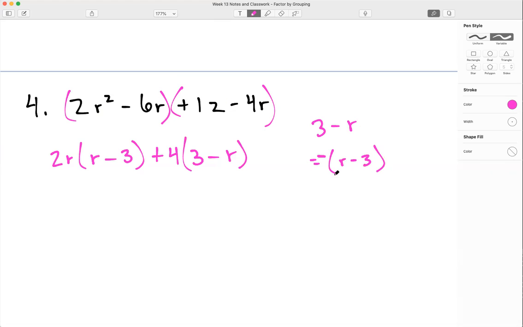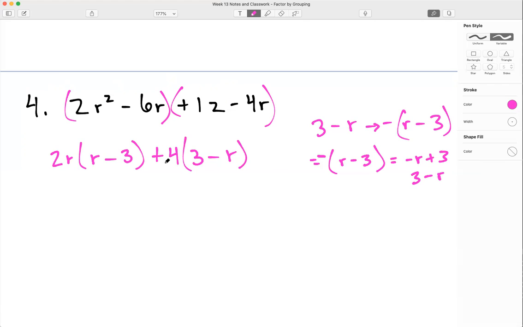If you think about this, it really makes sense, because if you distribute the negative to the r and then to the negative 3, you really get a negative r plus 3, and that's the same thing as a 3 minus r. So what you can do to just make this turn into r minus 3, like we have over here, is just make it negative.